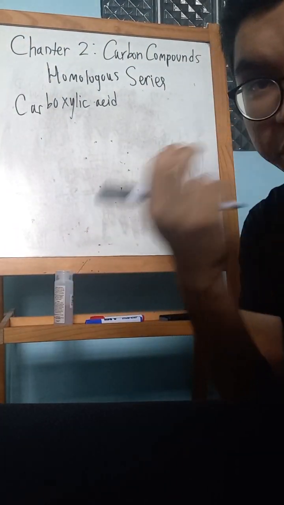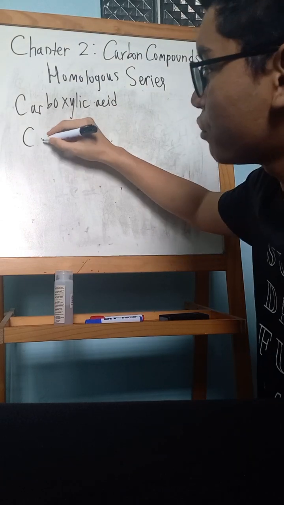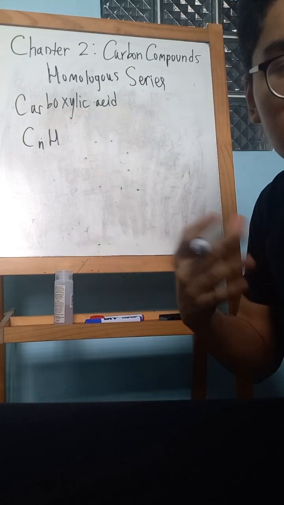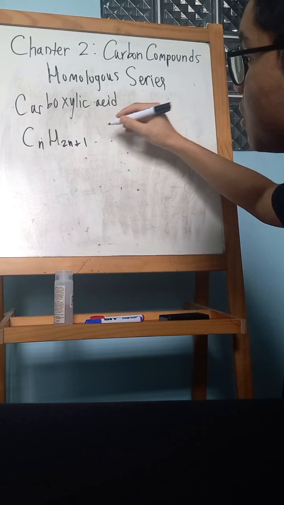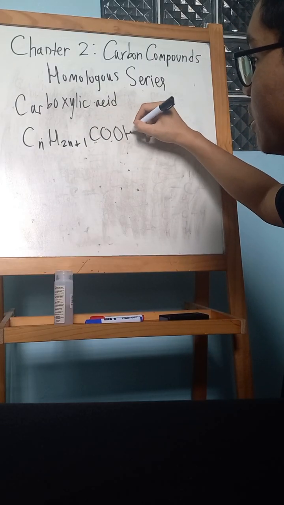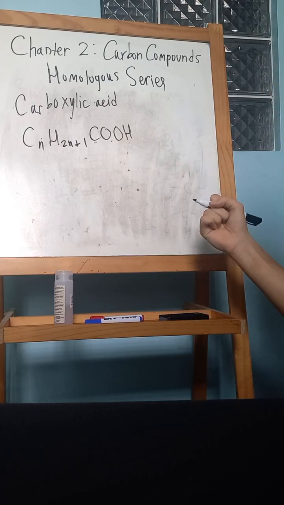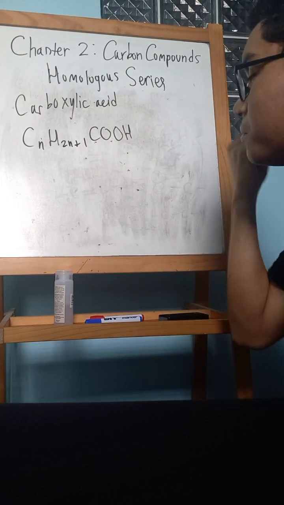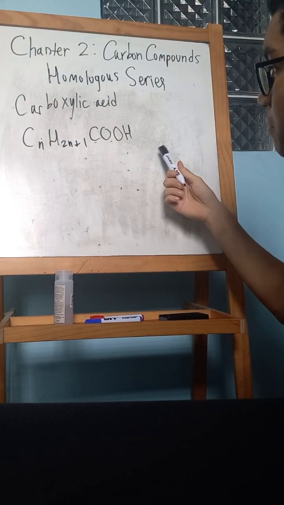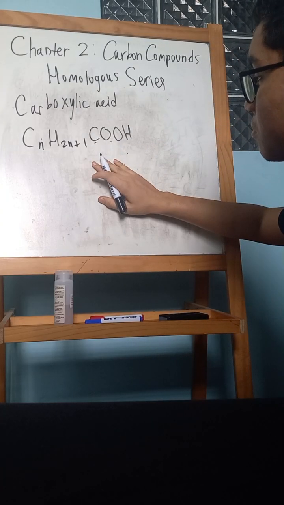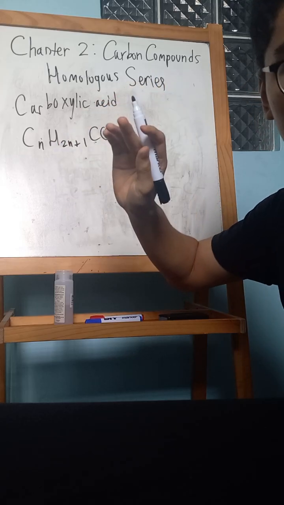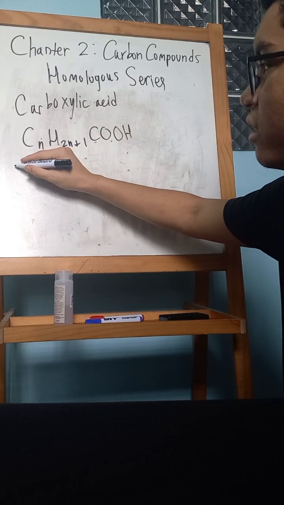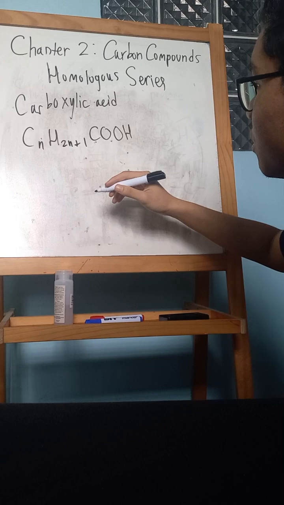Now this is pretty long, but once you get it, you get it, okay? General formula. See, the starting is the same as alcohol. 2N plus 1 COOH. All right, let's say I want 1 carbon atom. 1 carbon atom?